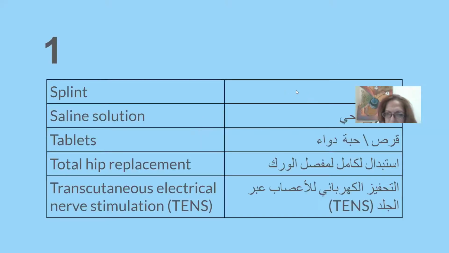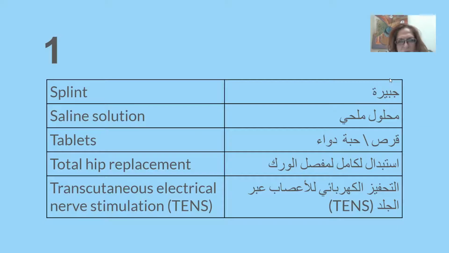Okay, let's see. Oh no, sorry. How did she do? Muhlul milhi. She didn't say muhlul milhi. Did you say muhlul milhi? I said saline solution, mu'allaq. It's the same. Mu'allaq is correct for solution. Okay, istibdal li-kamil. She said li-kamil.